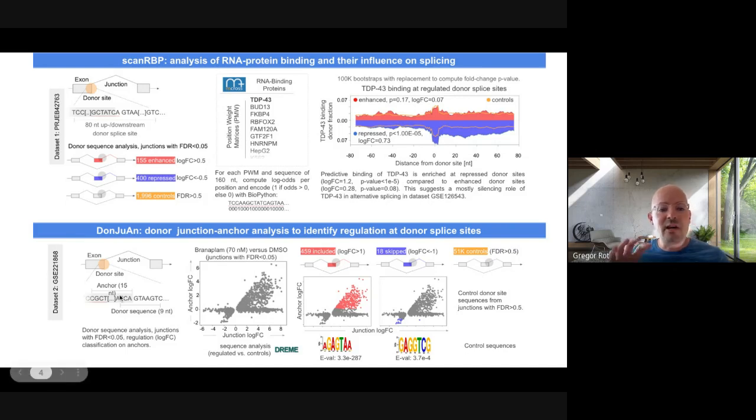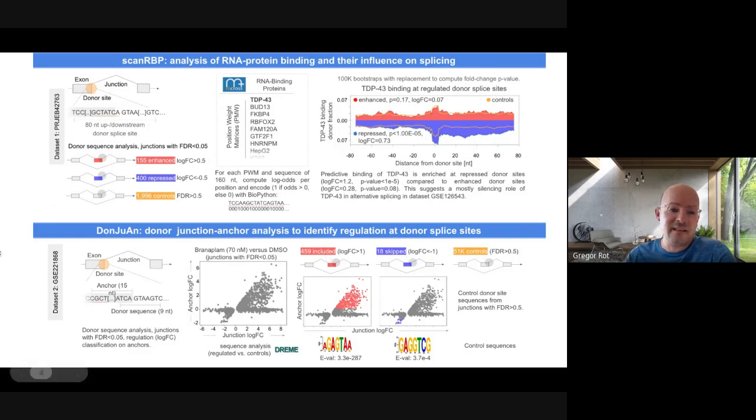And together, the junctions and the anchors, we can really identify exons that are included or excluded in a cassette type of way. So a stricter, more powerful analysis, because junctions really guide us to where the action is happening, and the anchors help us to recuperate a little bit of power there, because the reads that span exon-exon junctions are usually few. And here again, we classify into included, skipped, and controls.